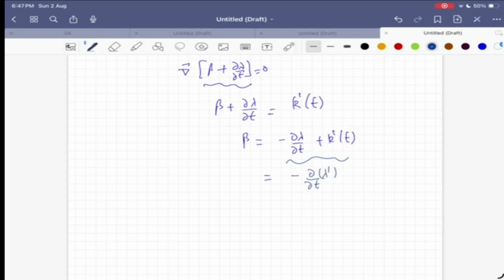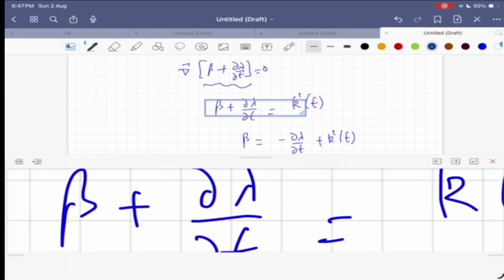In other words, we can always convert lambda to lambda prime, such that we have absorbed this time dependence term into lambda itself. So lambda prime is equal to lambda plus some other term, where del t of this other term is nothing but k prime of t. We can always choose that.